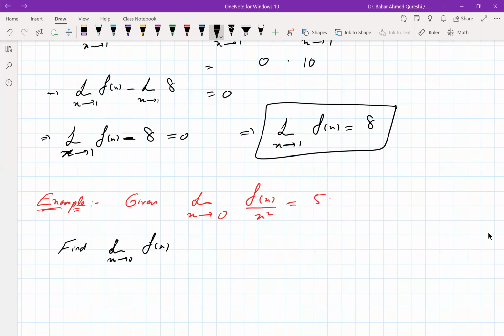So again, since you know that the limit exists, you write, define it this way.